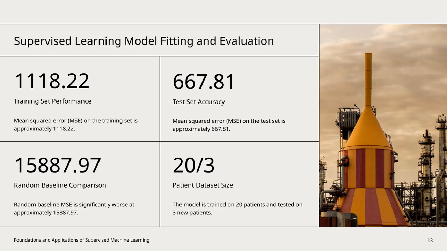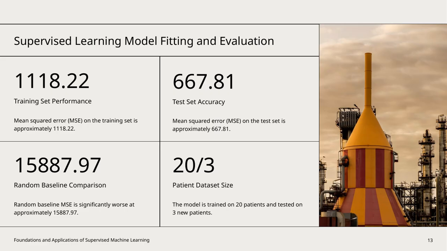To put this into perspective, let's consider the random baseline. When predictions are made randomly, the MSE jumps to roughly 15,887.97. That's a huge difference, demonstrating that our model's predictions are far better than chance. It confirms that the model is learning meaningful patterns rather than just noise. Finally, a quick note on the dataset size.